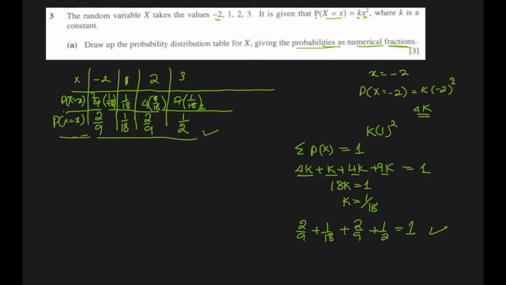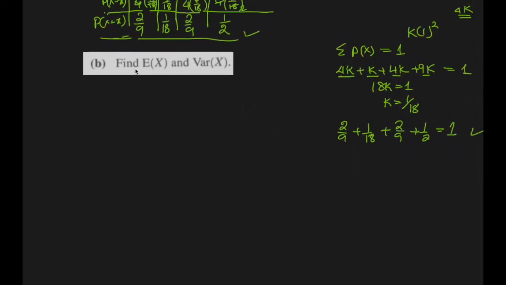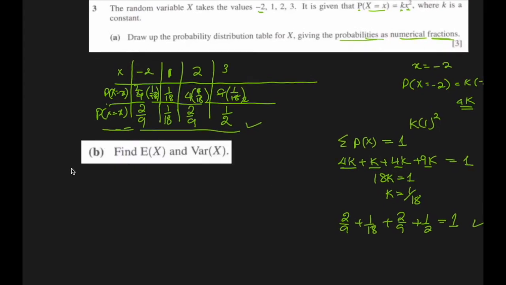Let's talk about the B part now. What is B part saying? Find the expected value of x and variance. So the formula for expected value of x is sigma x times probability of x.